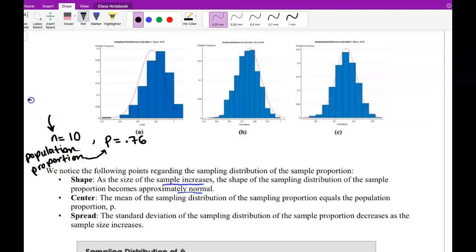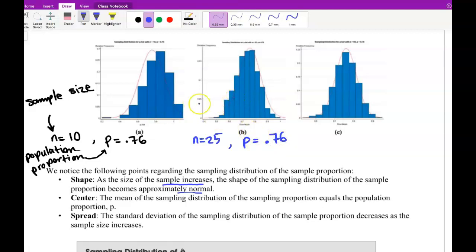And this is the sample size. Then I want to increase the sample size, n equal to 25, but we have the same population proportion. See the difference?